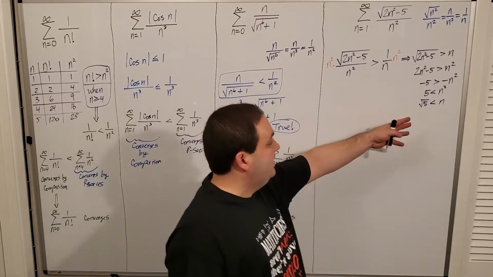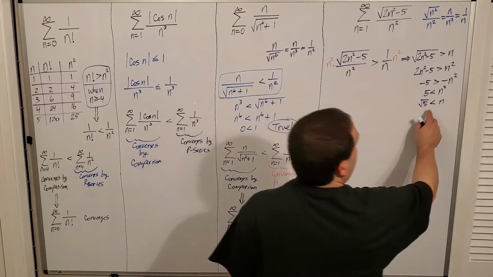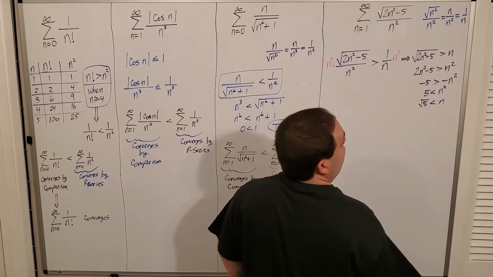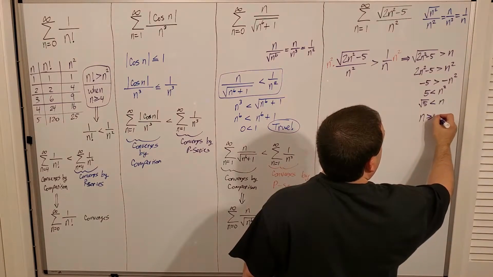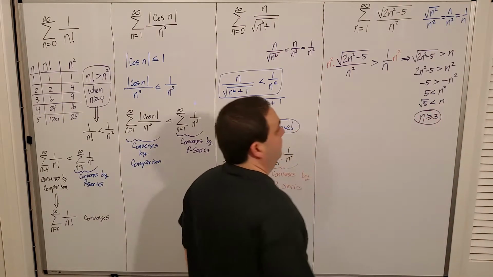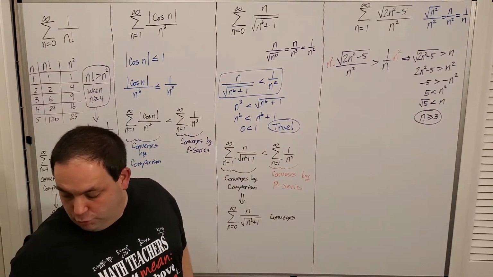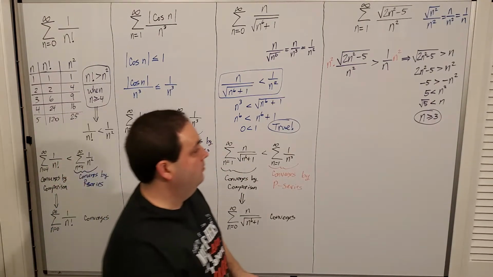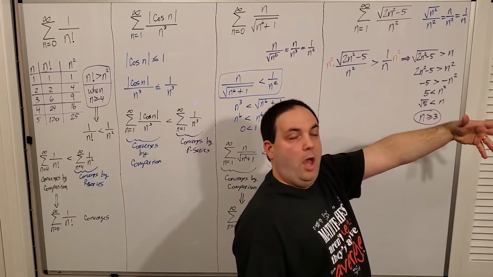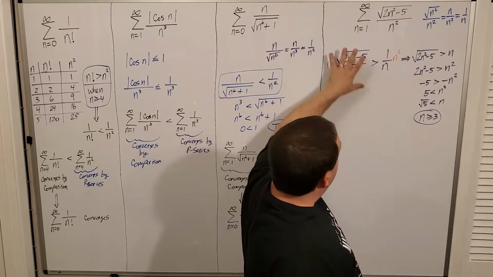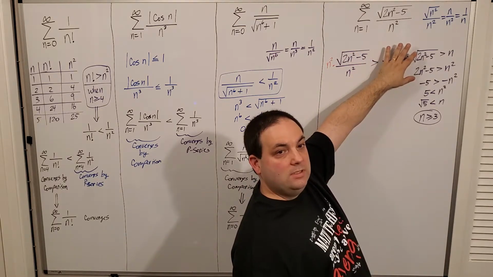And remember, n is a counter, so it can't be continuous, right? So square root of 5 is slightly bigger than 2. What this means is n has to be greater than or equal to 3. Okay? But I've got a 100% true comparison now. For as long as I'm summing everything 3 on up, I can say that this sequence is greater than that sequence.